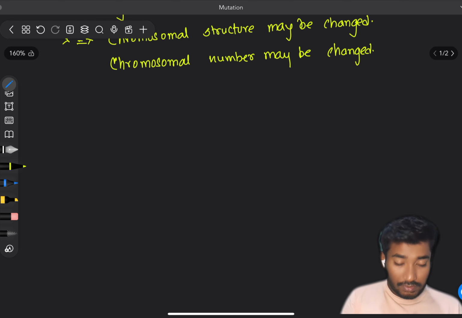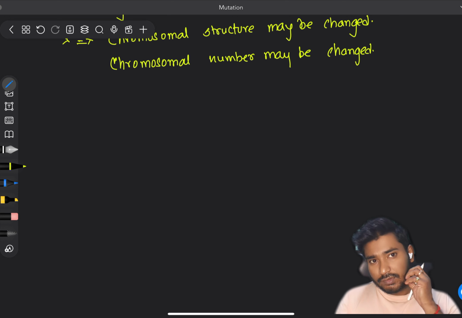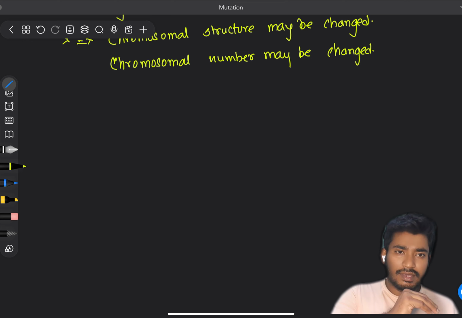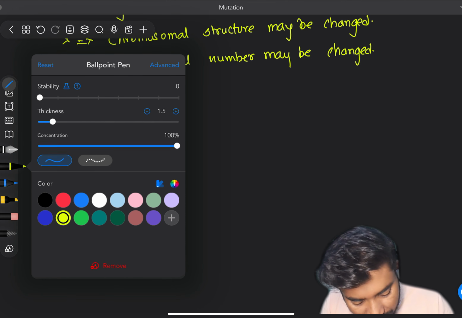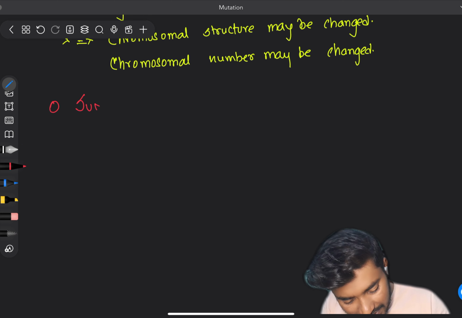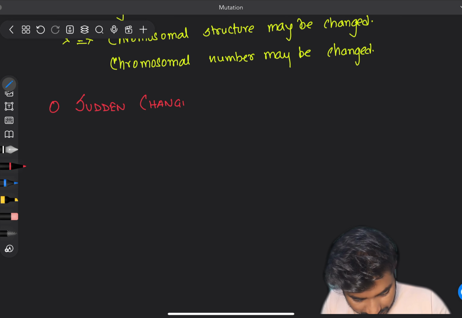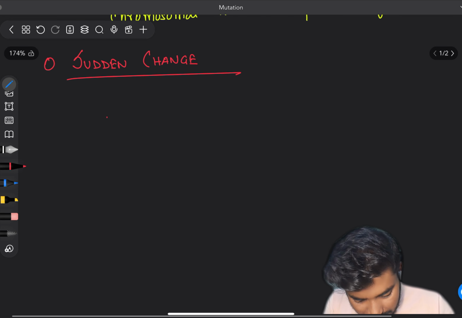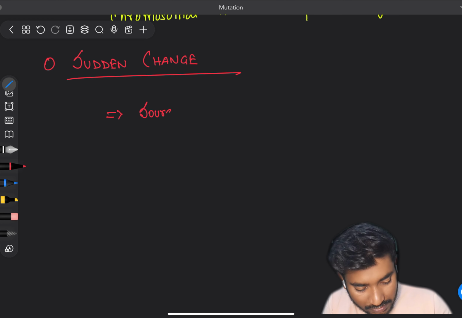Now, there can be a sudden change in the chromosomal pattern, the genotype or the phenotype, or there can be a slow change. Both changes can be observed in mutation. If a sudden change is observed, it is the source of discontinuous variation.